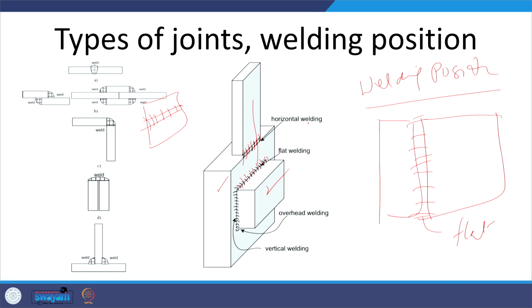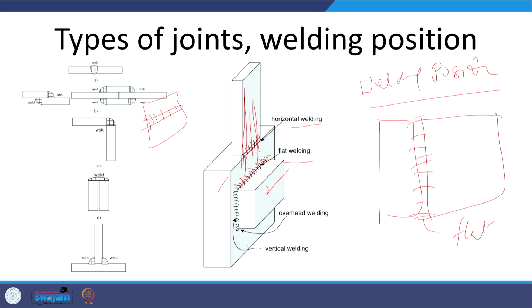The difference between flat welding and horizontal welding is that in flat welding the weld metal is deposited over the plates placed in the flat position, but in horizontal welding the plates to be joined are kept in the vertical position.